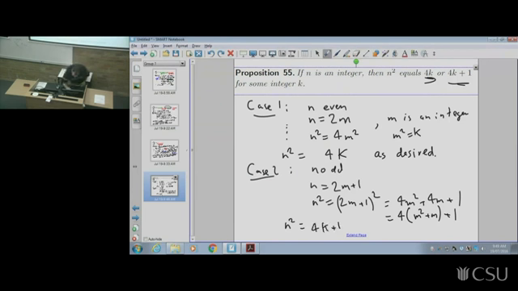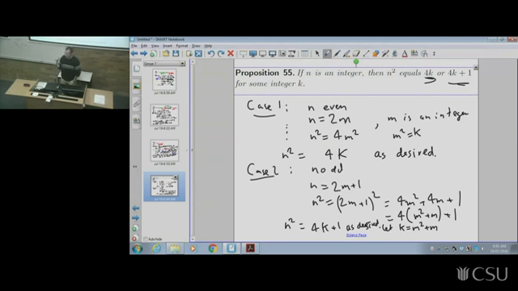So let k equal the middle part there, and we can see that n squared equals 4k plus 1, which again is as desired. I'm running out of room, but I would write one more sentence down.